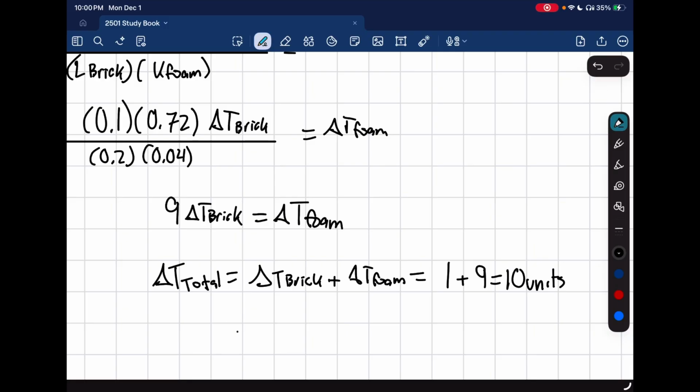We can say that delta T of the brick equals 2 degrees Celsius, and delta T of the foam equals 18 degrees Celsius, which makes a lot of sense, obviously, since the insulating foam is meant to insulate and take up a lot of that temperature that's coming in from outside.